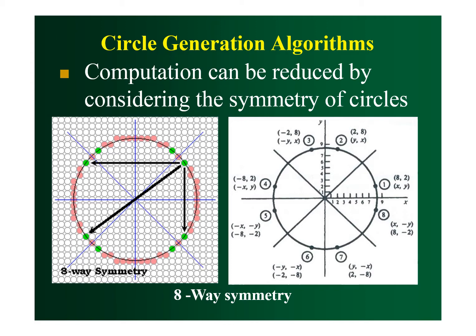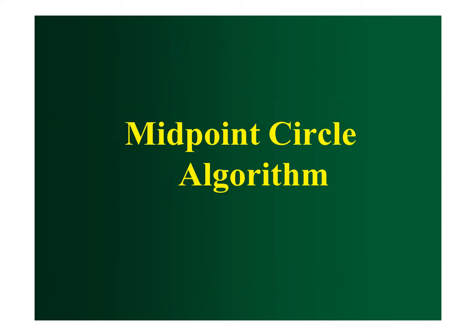This figure shows the possible y positions, yi and yi minus 1, at sampling positions. Therefore, we can determine whether the pixel at x plus 1, yi or x plus 1, yi minus 1 is closer to the circle.